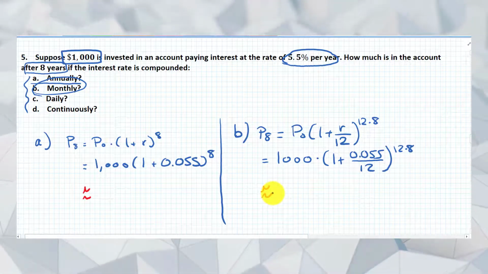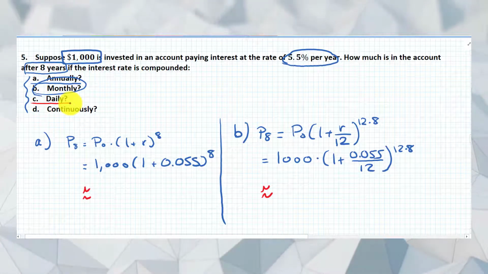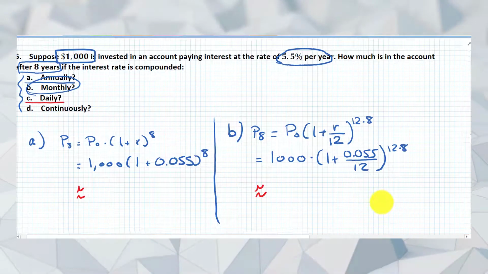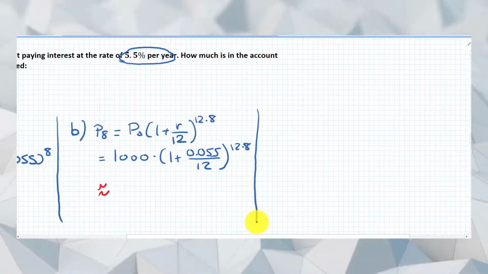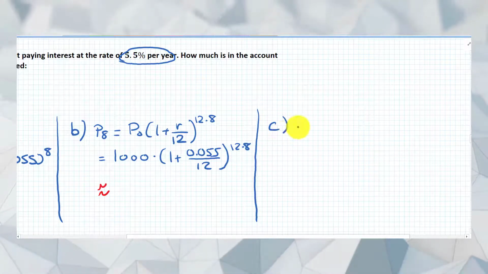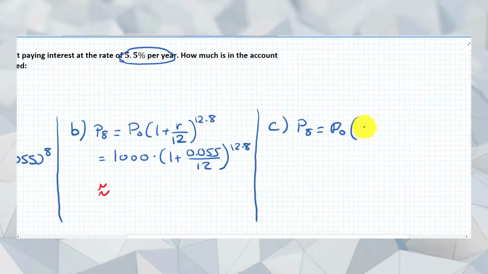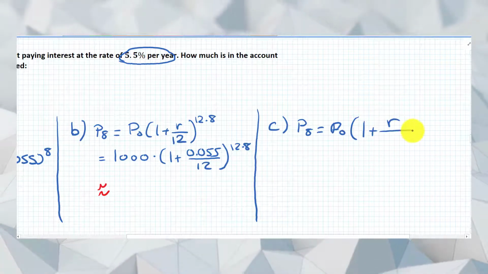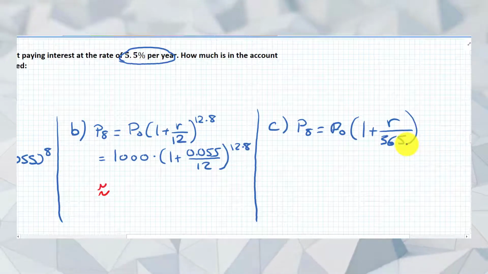All right, now next one is daily. Daily means there are 365 compounding periods a year. Okay, so you do P8 equals P0 times 1 plus R. Now this time you need to divide the rate by 365, right? That's going to be very, very small.